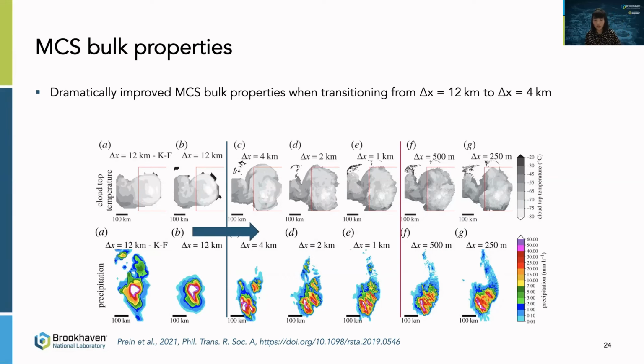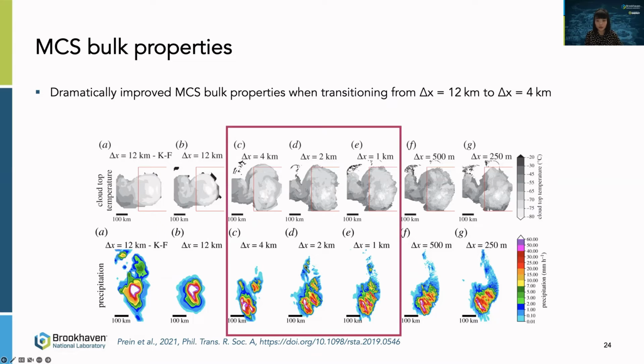The most significant change that you are seeing here is from 12 kilometer to 4 kilometer. You see we get a larger anvil size and multiple overshooting cores, and also the precipitation pattern looks different. You have multiple precipitation cores, and also you see this newly initiated convective core.